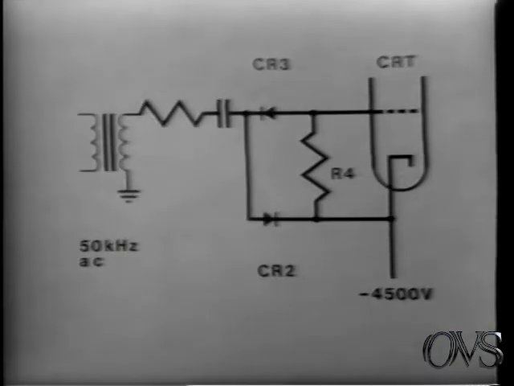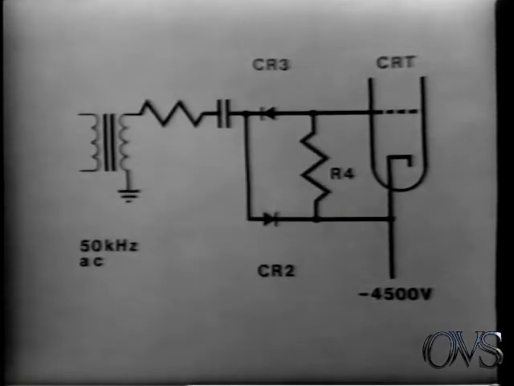Now let's examine the high voltage supply in more detail. The quiescent grid-to-cathode bias is developed across R4, part of a DC restorer circuit. The 50 kHz AC output from the oscillator is transformer coupled through a current limiting resistor and coupling capacitor into the DC restorer.